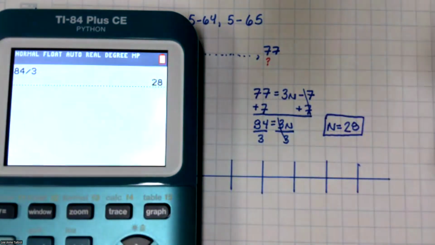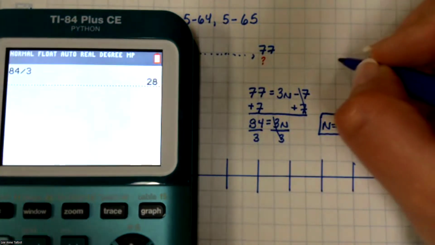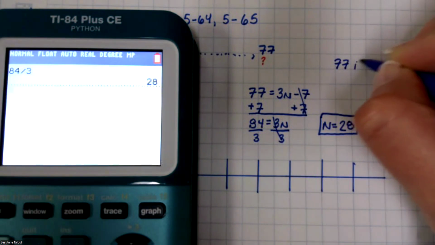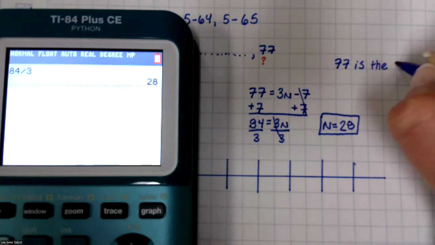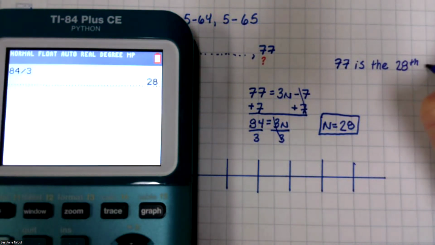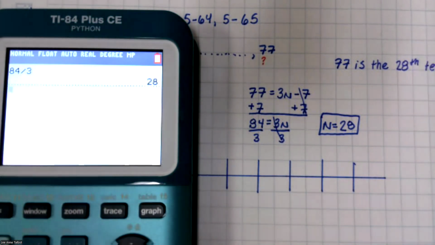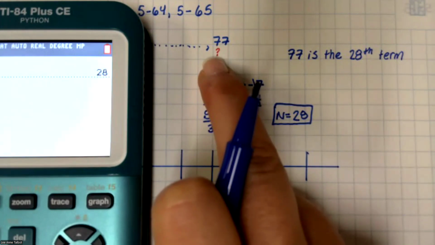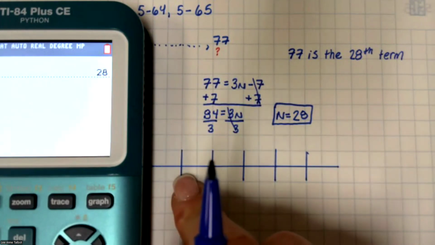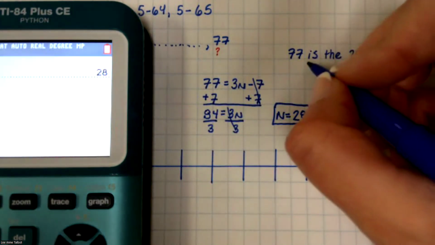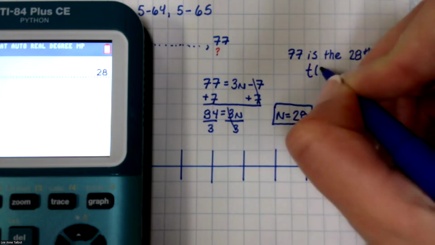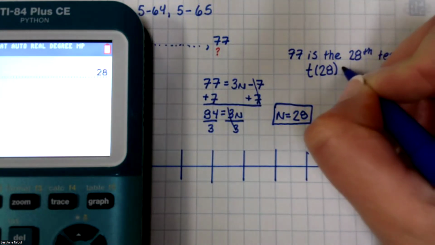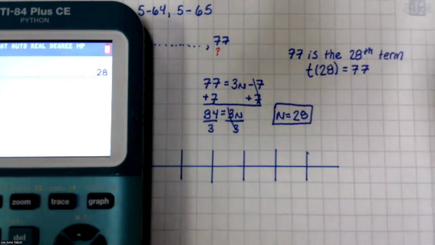Okay, so we're going to write this in a couple of ways. We're going to say 77 is the 28th term. So 77 is in spot 28. And we're also going to write it like this. T 28 equals 77.